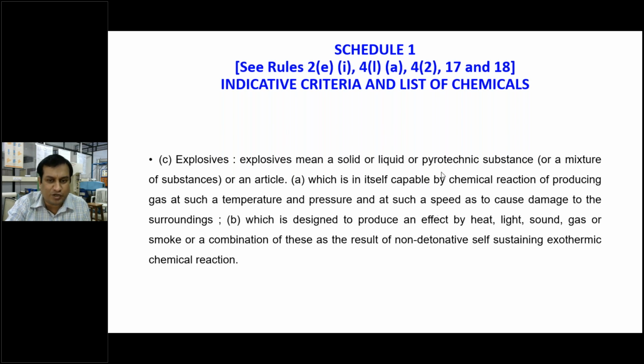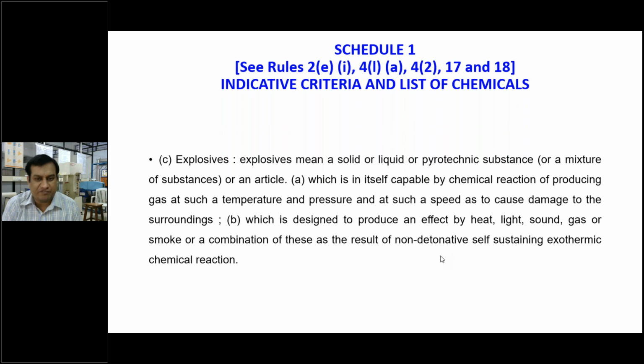So this is the potential of that particular gas which can itself create a particular temperature and pressure condition after reacting with a chemical, which can cause damage to the surroundings, which is designed to produce an effect by heat, light, sound, gas or smoke or a combination of these as the result of non-detonative self-sustaining exothermic chemical reaction. So you can understand it is a non-detonating self-sustaining exothermic chemical reaction.